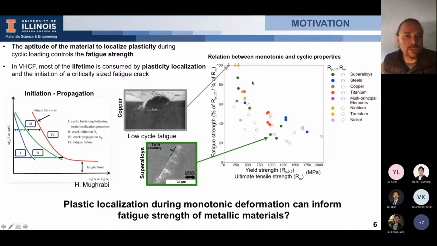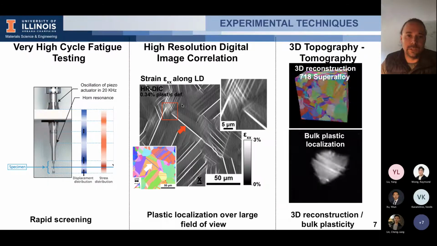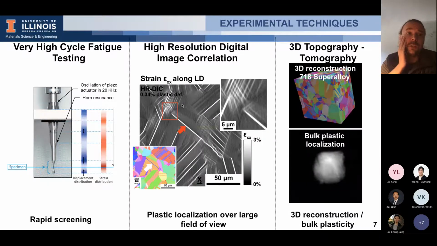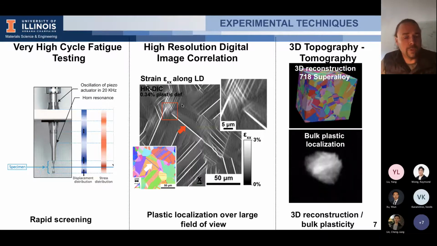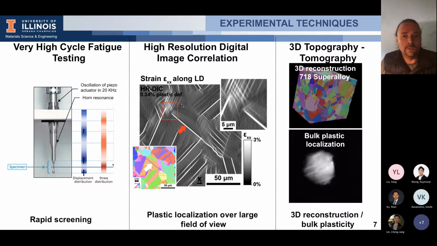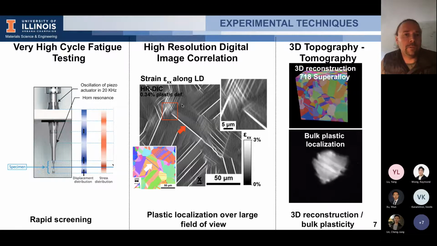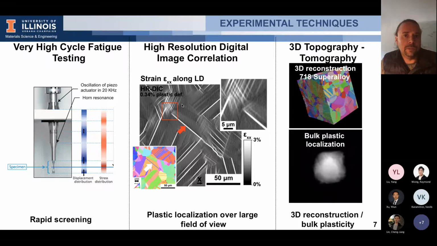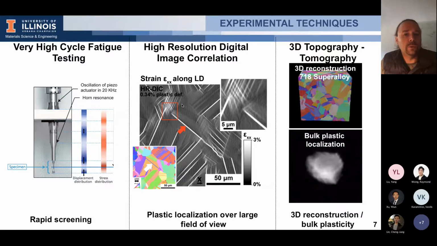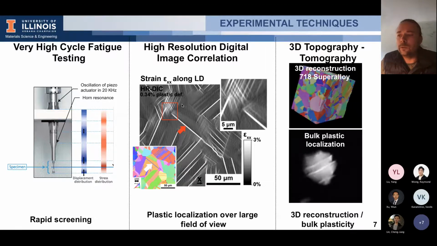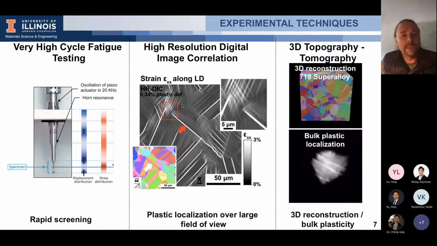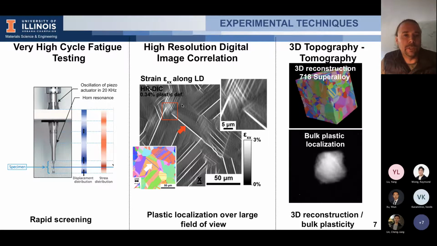So now the aim is really to understand if we can measure this kind of localization of the plasticity and relate this to fatigue strength. And that's the aim of this study. To do that, I use different techniques, but I will only detail one of them, which is the one in the middle, high resolution digital image correlation, which allows you to capture quite rapidly the localization of the plasticity during loading.